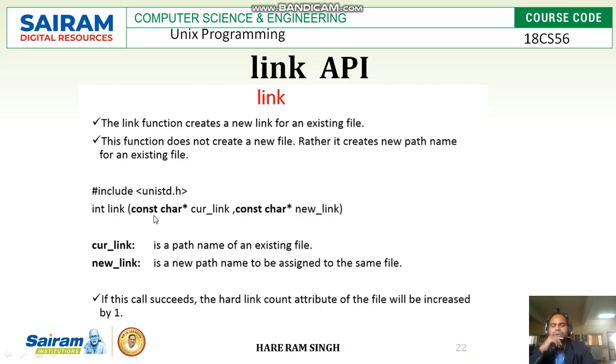Suppose the hard link count of a file is 2, after successful execution the hard link count will become 3. It means using 3 different ways we can access the same file.